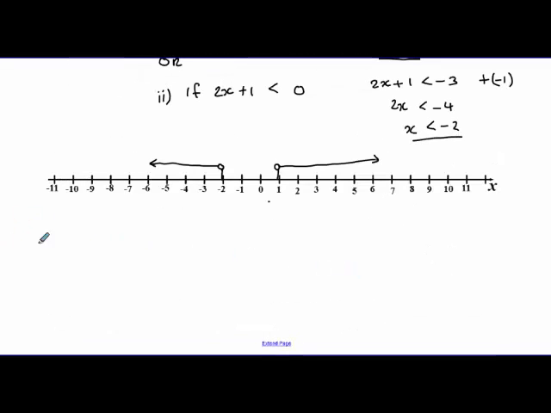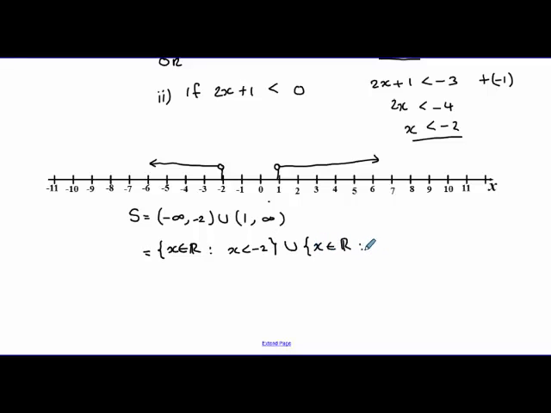And then again, you must remember that you can represent this solution set as intervals. You can say it's minus infinity to minus 2 union 1 to infinity, which is exactly the same thing as saying this is a set of real numbers such that x is less than minus 2 union the set of real numbers such that x is greater than 1.